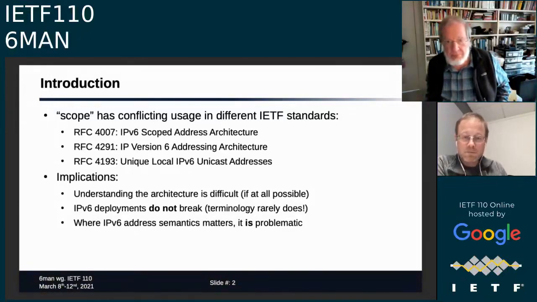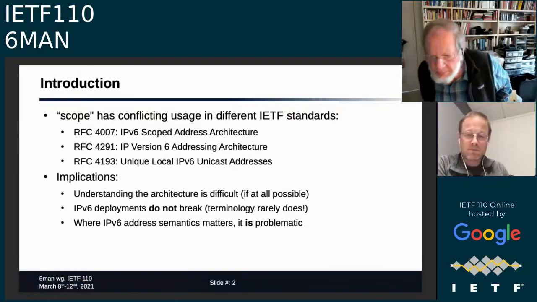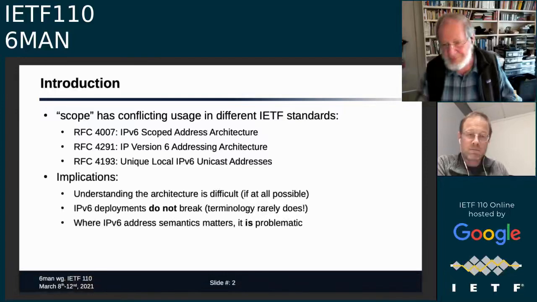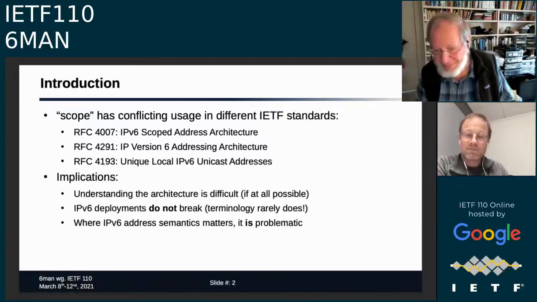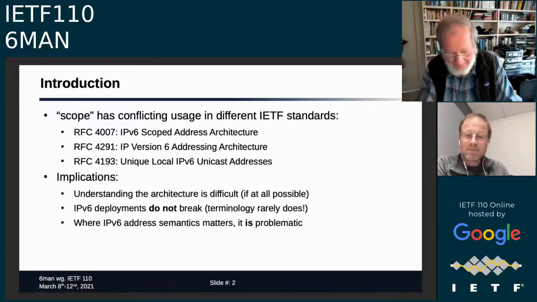So, among the people that devote a lot of time to this, well, might be conflicting, but we kind of all understand what we mean, even if we don't say it. But for folks that you'd like to refer to the specs, you have to explain, well, the terminology is not exactly very precise.